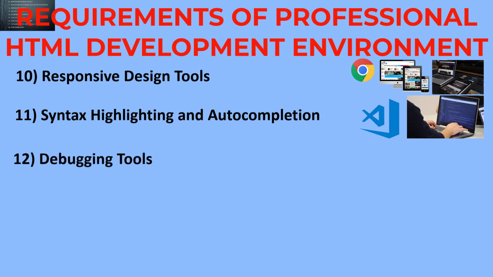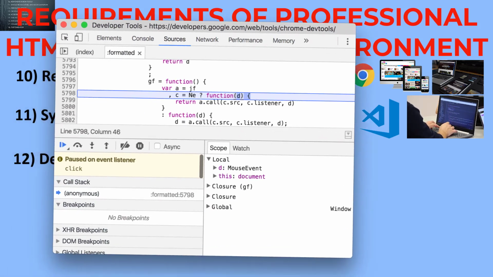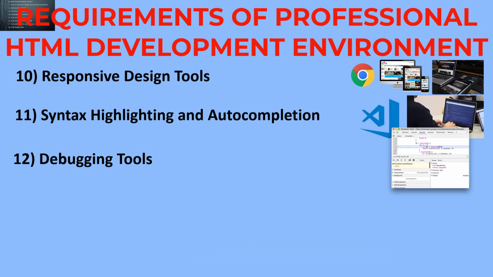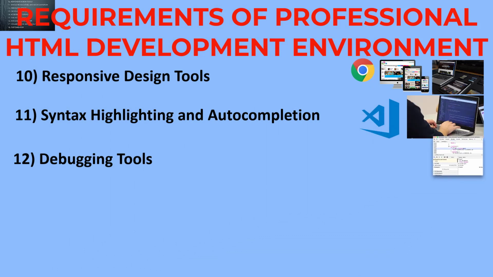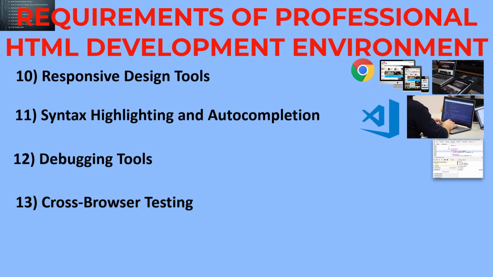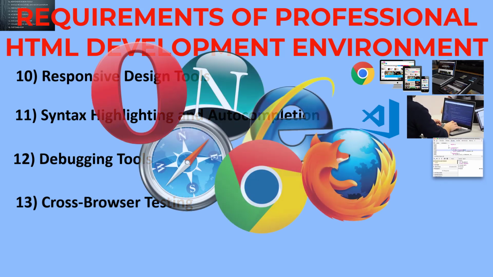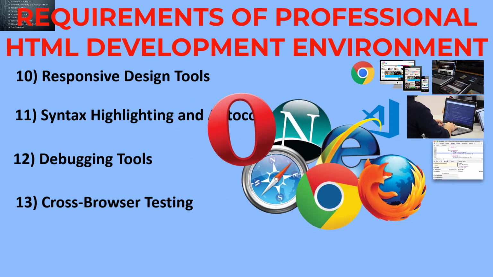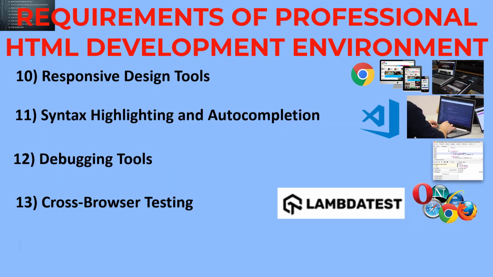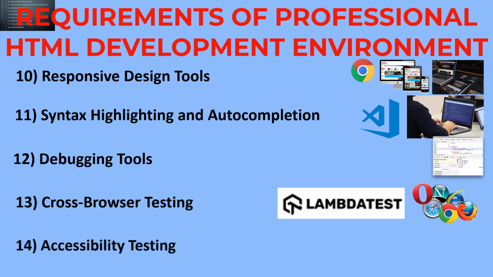A professional development environment should integrate debugging tools for inspecting and debugging HTML, JavaScript, and CSS code efficiently. 13. Cross-browser testing. A professional development environment should ensure compatibility with different web browsers by utilizing browser testing tools or extensions.